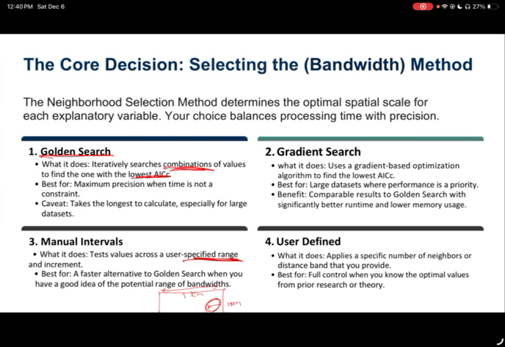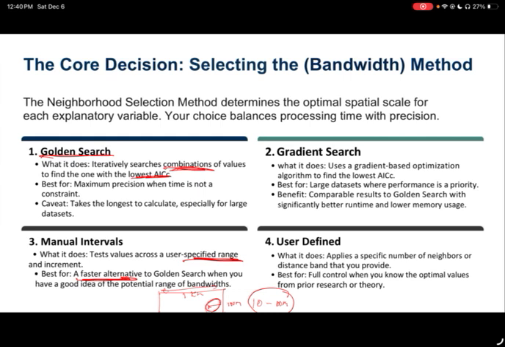So you can set a range between 10 and 100 meters for the bandwidth size. By specifying a smaller range, you get a faster alternative to golden search. It can be used when you have a good idea of how big the potential range of bandwidth is.